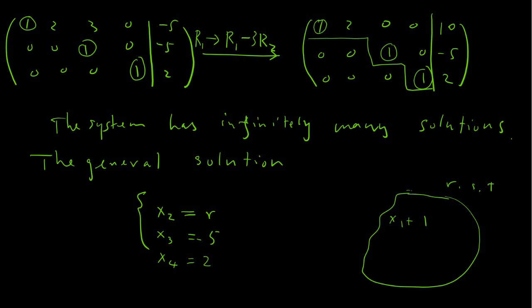You do not have to write the terms involving zero coefficients. The first row determines the equation x1 plus 2x2 equals 10. Now x2 is R. You replace x2 with R.